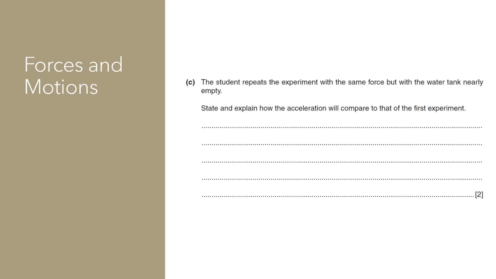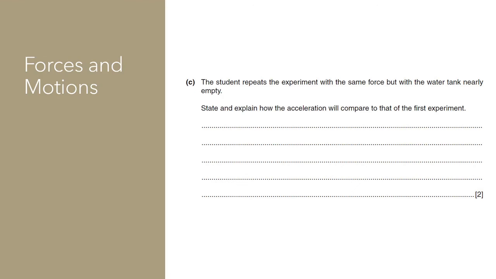Let's continue with question C. The student repeats the experiment with the same force, but with the water tank nearly empty. State and explain how the acceleration will compare to that of the first experiment.